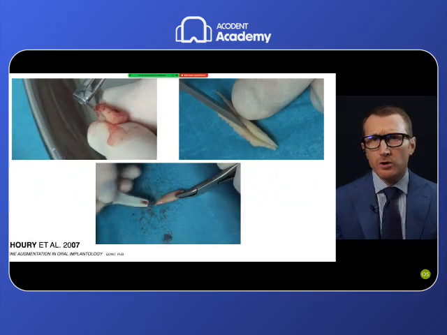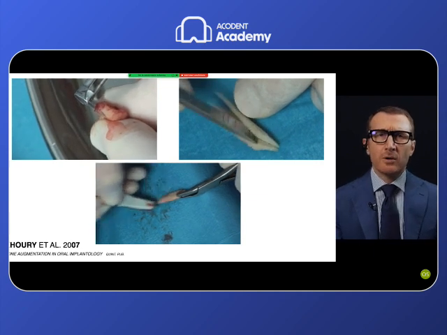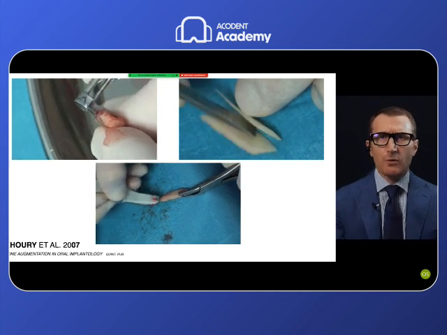So, what was proposed more than 20 years ago by Fouad Khoury?